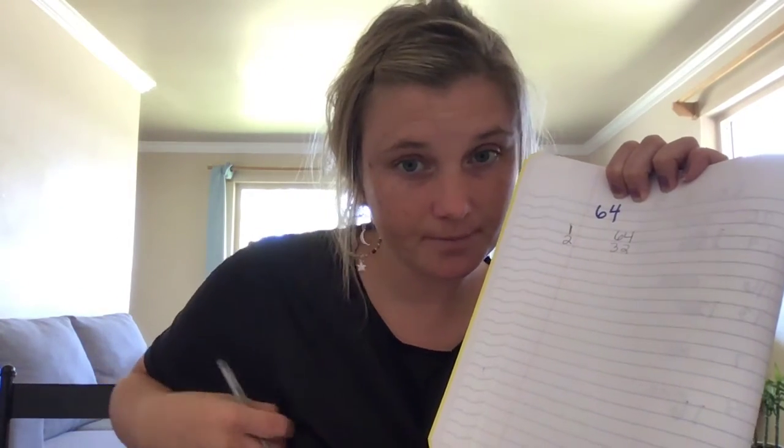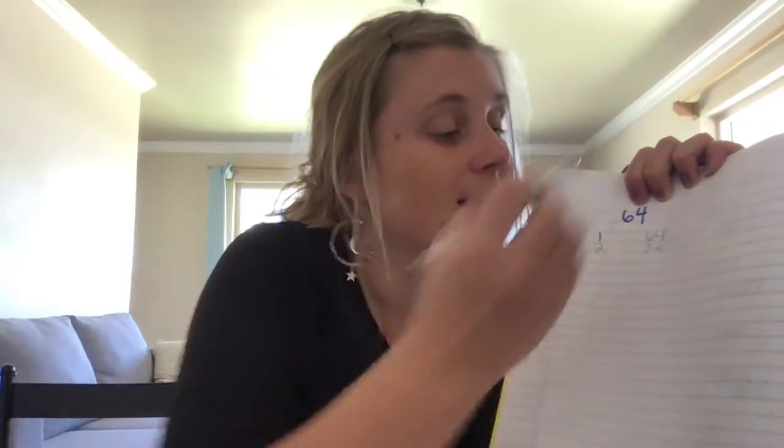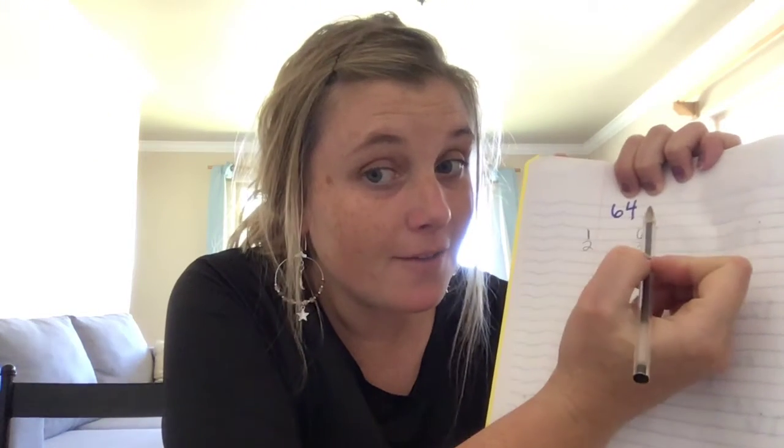Does 4 times anything equal 64? How are we going to figure that out? Would we need to do 64 divided by 4? Yes, we would need to do 64 divided by 4.